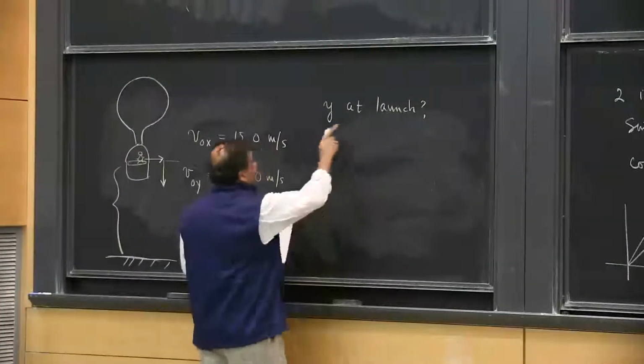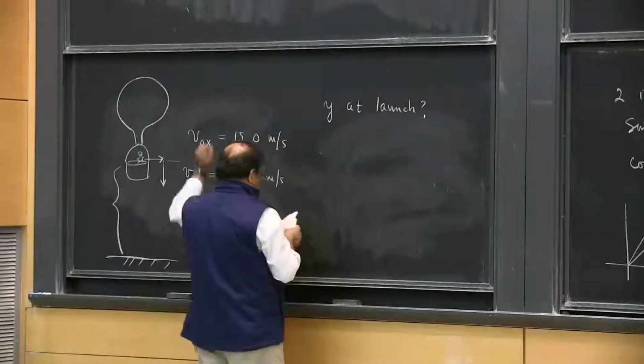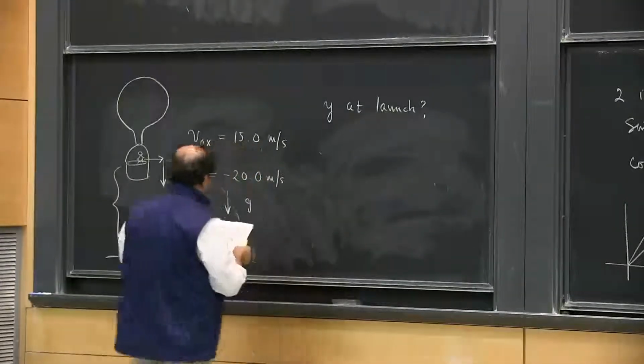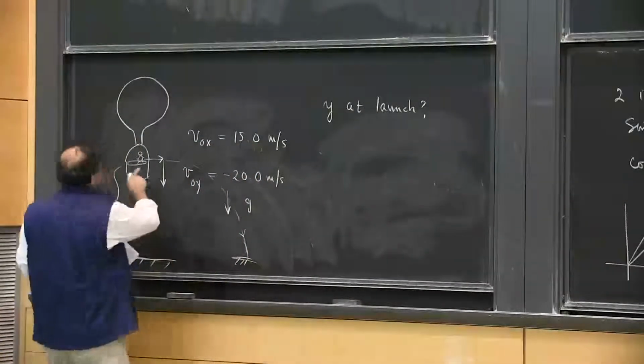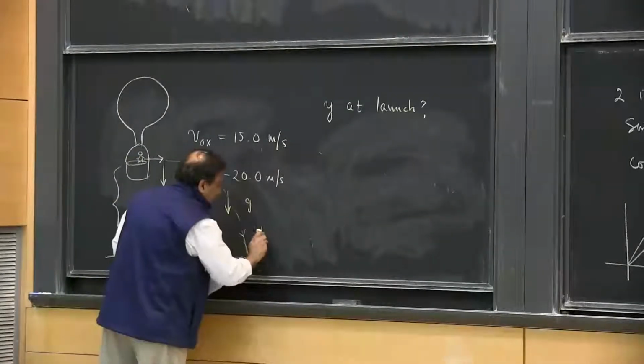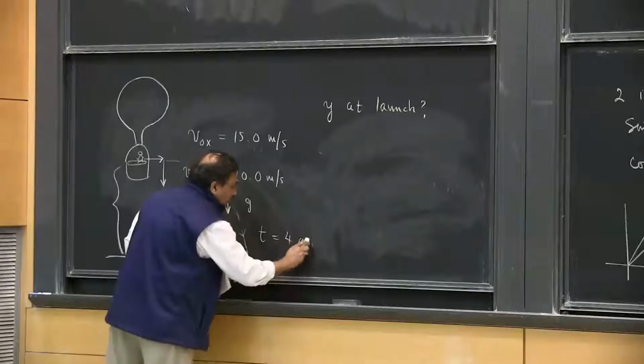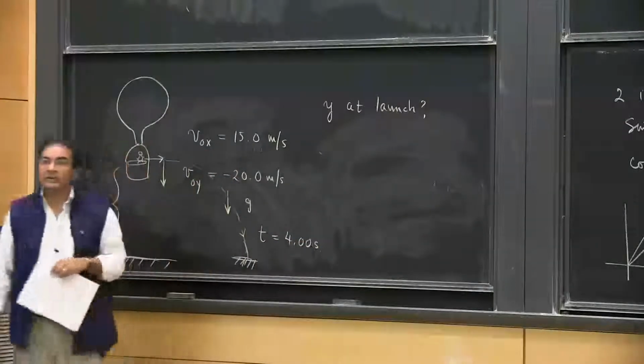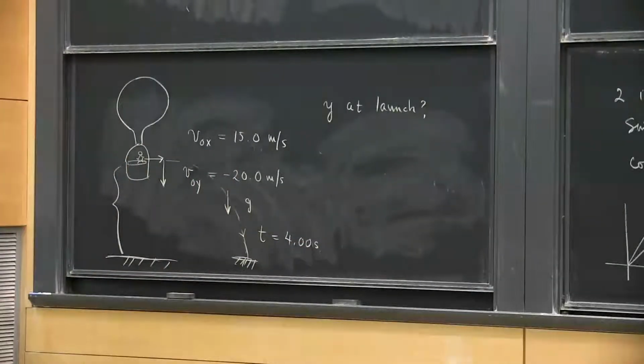First, you're also told that from the time that you release this to the time it hits the ground, t is 4.00 seconds. You ignore the time taken for sound to reach your ear and all that. Assume that that is easy.